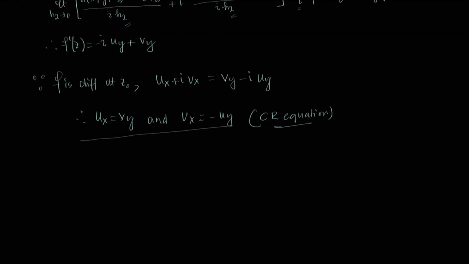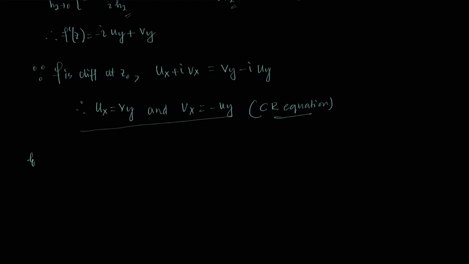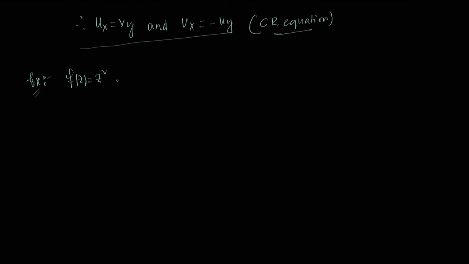Now let's look at this and see what it says about our original function. Let's say an example: f of z equals z square, which we already know is differentiable. Does this satisfy the CR equation? If we want to find out, we break it up into real and imaginary parts.